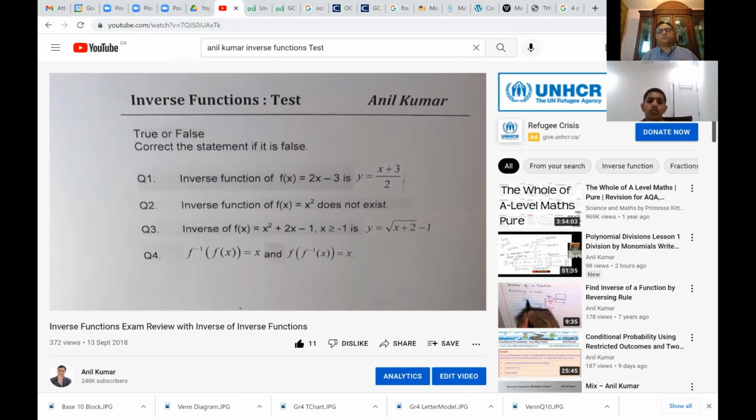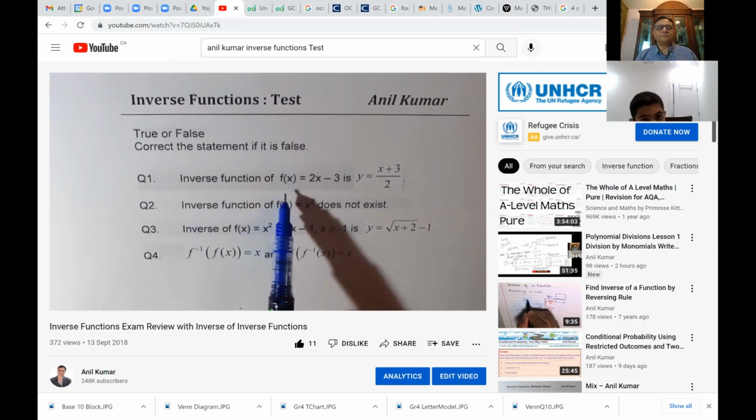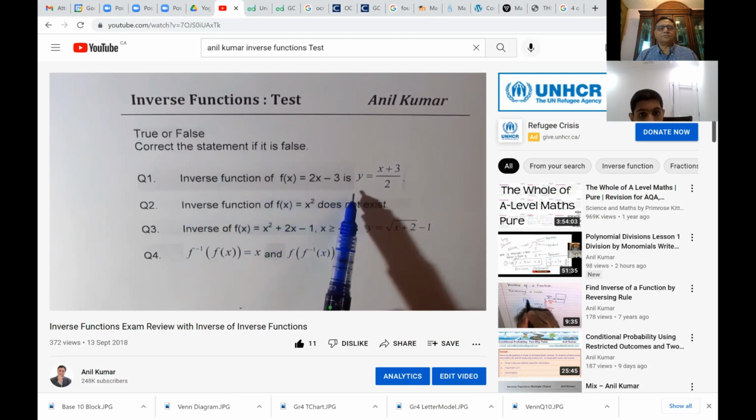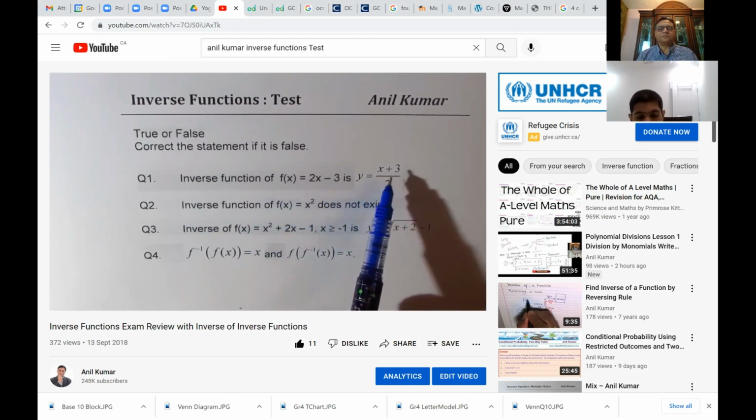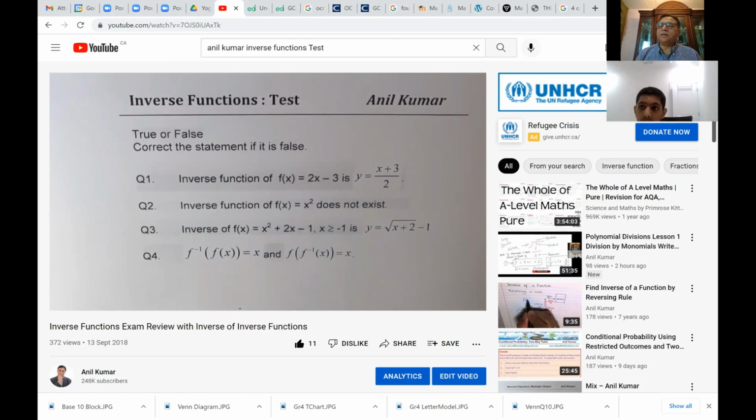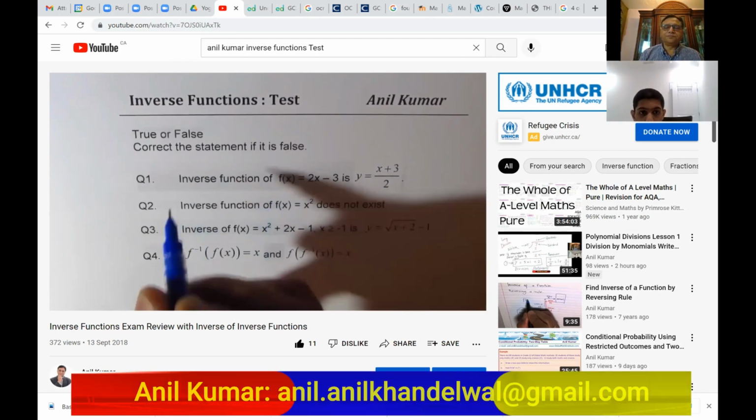And here, question number 4. Can you please read question number 4? The inverse function of f of x equals x, and f of inverse function of x equals x. Does it make sense? Is it always true?